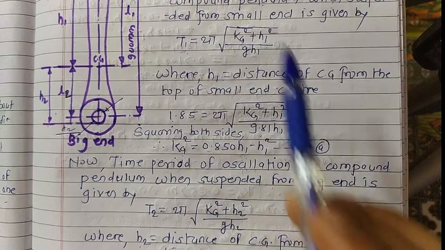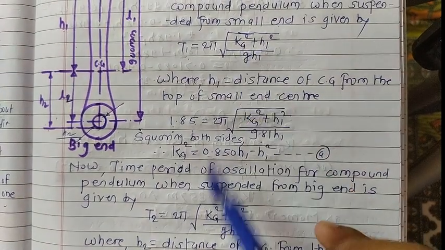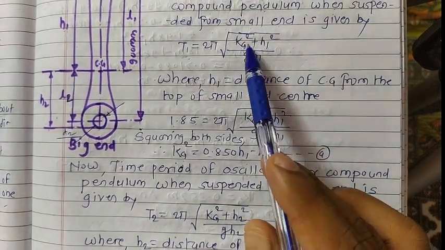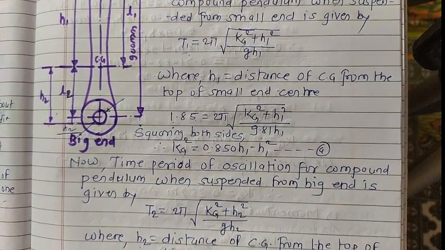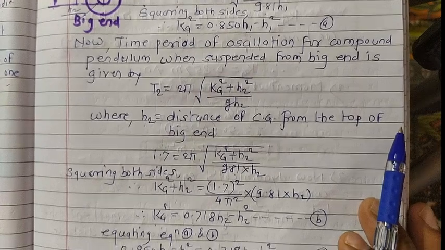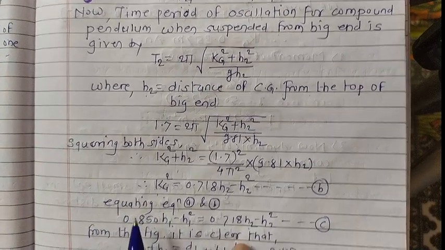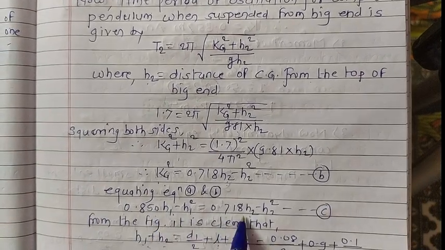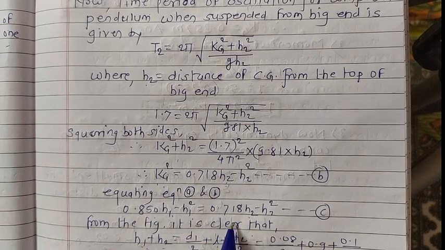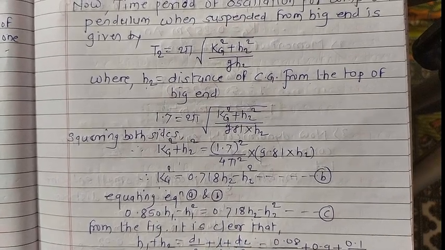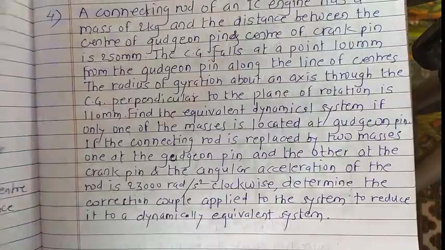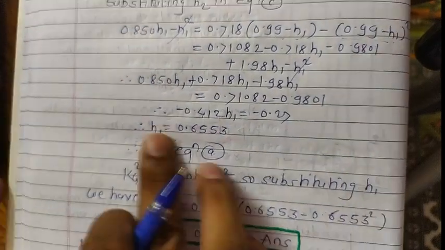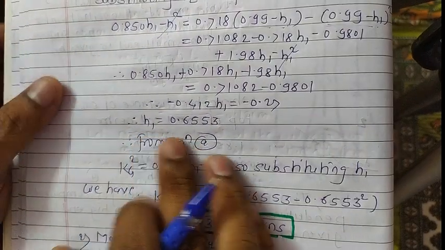In both cases the radius of gyration will remain the same. Try to equate both relations and get this relation in terms of the height. Then in the next step get the relation in a single height, and solve that relation for h1.